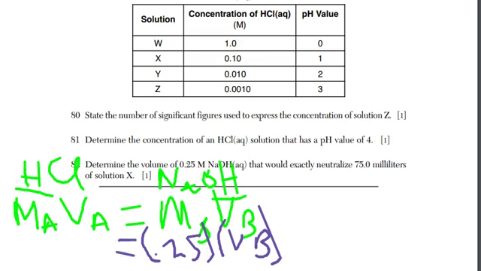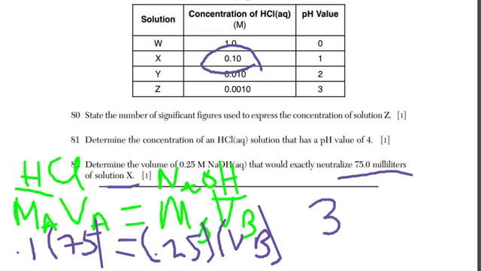On the other side, remember, it's solution X. Solution X is 0.1, so it's 0.1 times 75. All right, and we need the volume here. So 0.1 times 75, which is 7.5, then divided by 0.25 to get the answer, which was 30 milliliters.